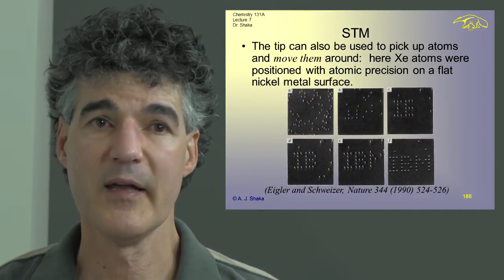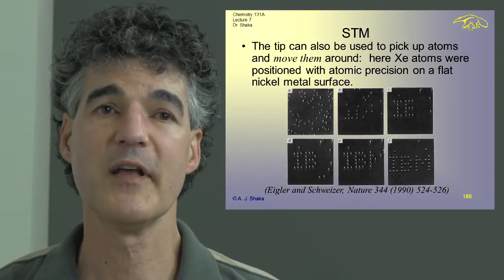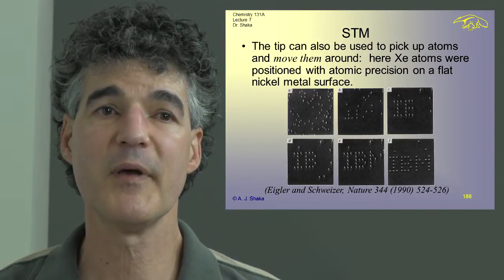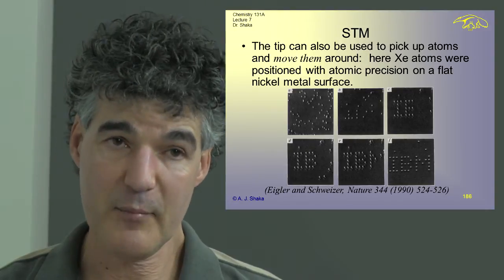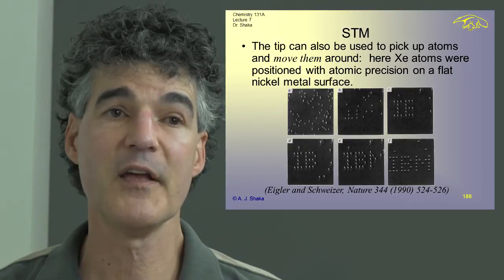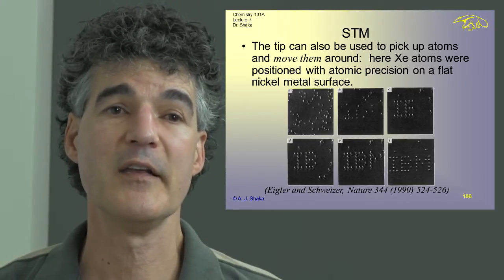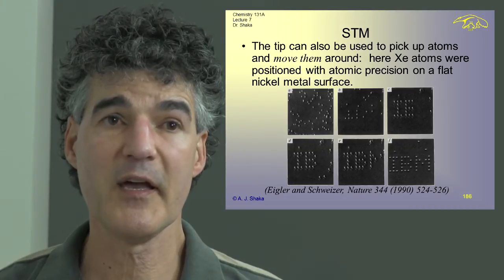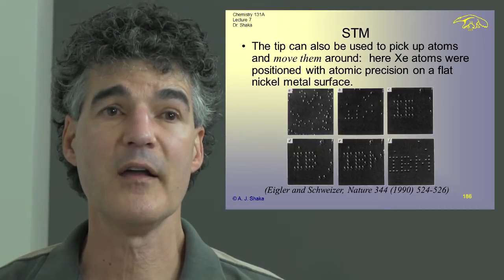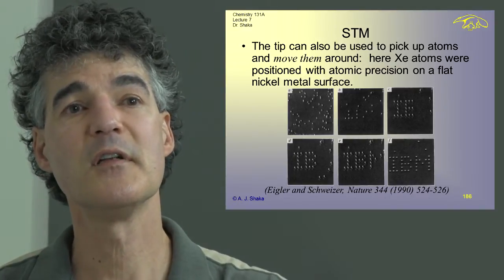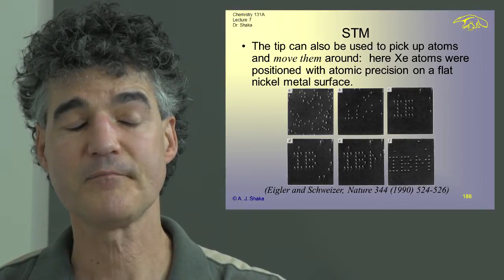The tip can also be used to actually pick up atoms and move them around. And here's a spectacular example of that, which Don Eigler published in Nature in 1990. And again, working at IBM, here you have a very, very flat atomic precision nickel surface.